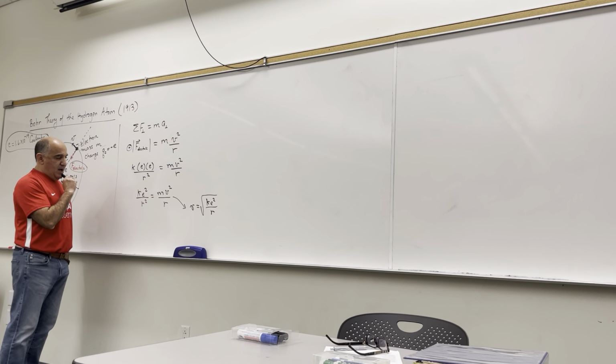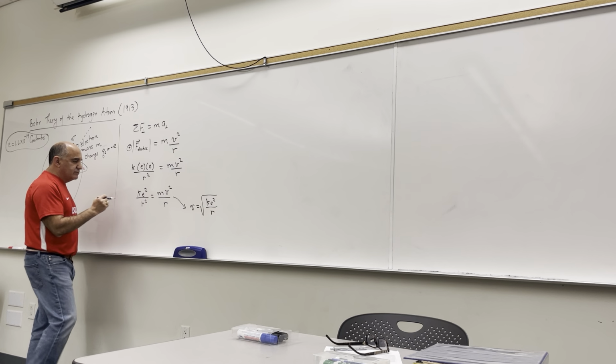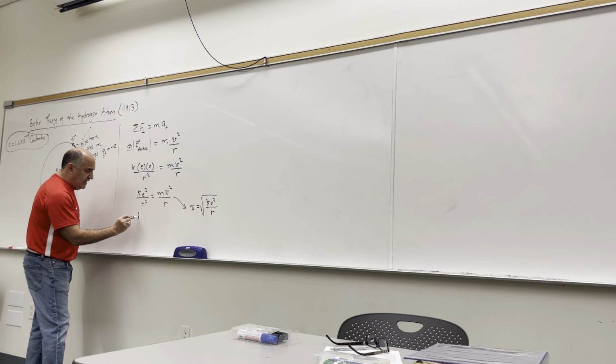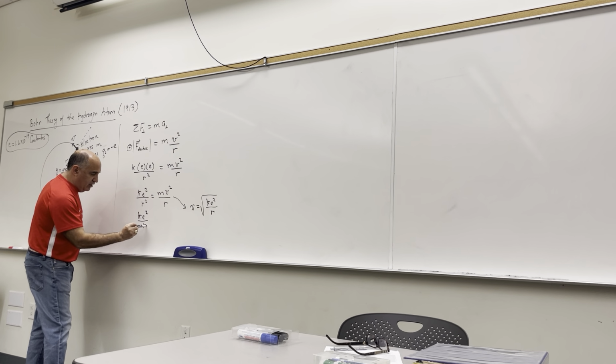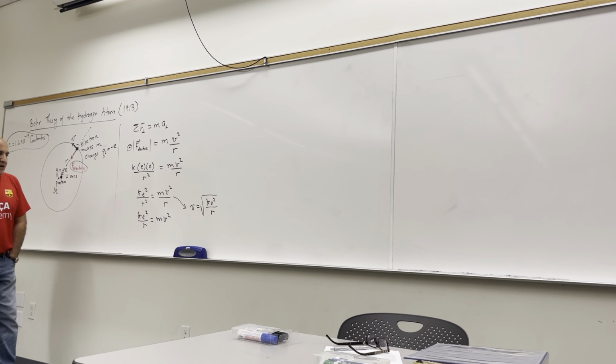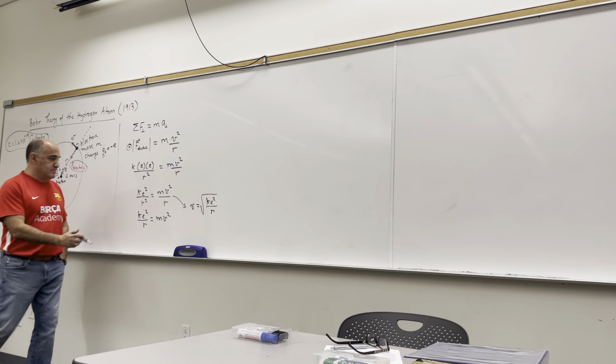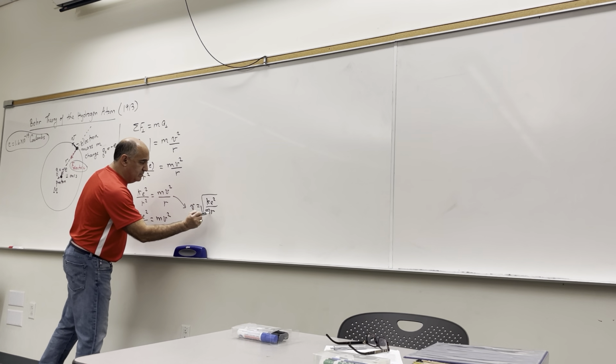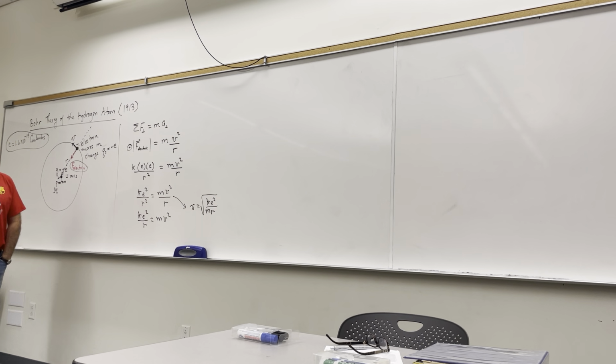Or I can write it, do the canceling, k e squared over r, and this is mv squared. Did you forget an m over there? On the one above? An m over there, right? Yeah. Thank you.